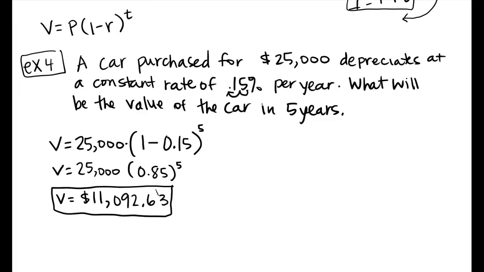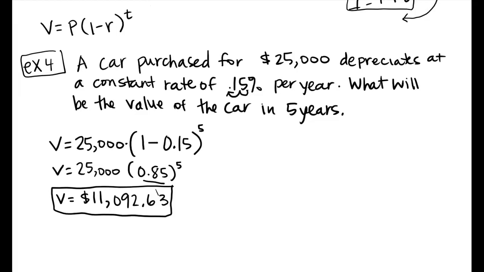Just make sure you're taking the 0.85, raising it to the 5th power, then timesing it by the 25,000. So it would be worth about 11,000 after 5 years if this was the depreciation rate of 15%. And a lot of cars are a little more than that.